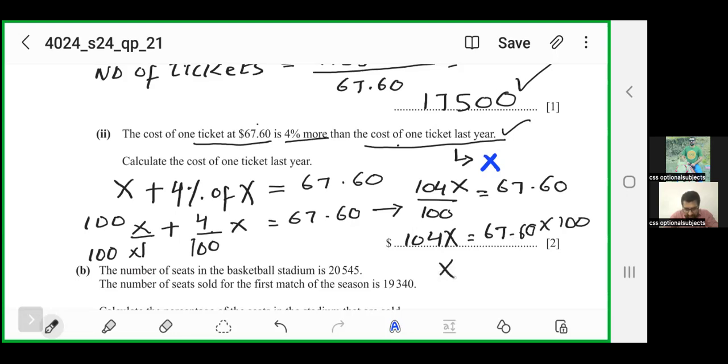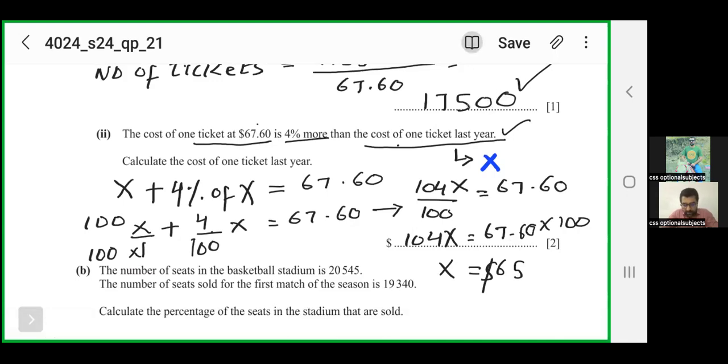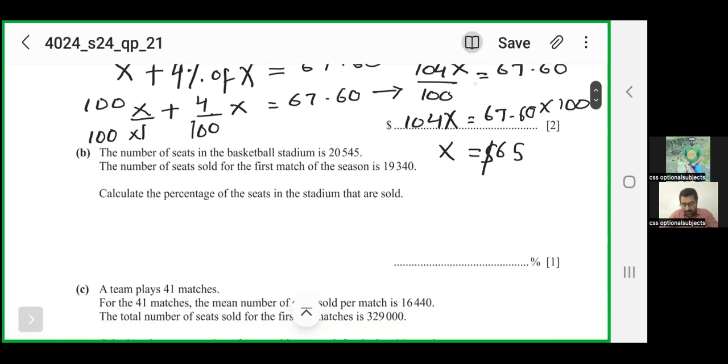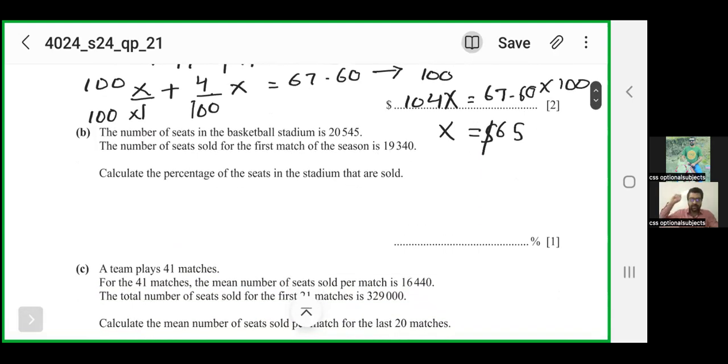Now you can find x: 67.60 times 100 divided by 104. The cost last year was $65. So this is a question from the topic of reverse percentage. When you have to calculate the cost somewhere back in time, the question is from reverse percentage.